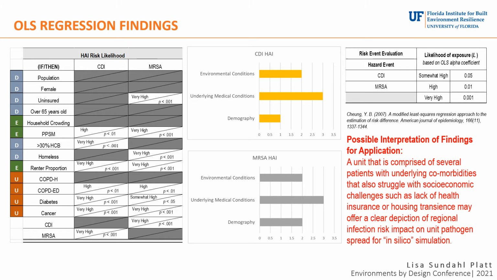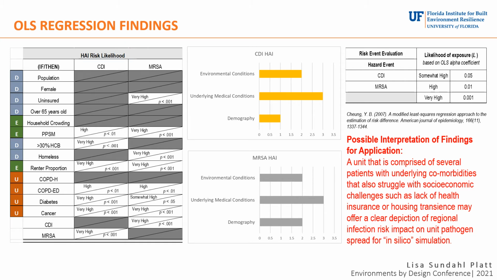After the establishment of the principal components that appeared to directly correlate to the dependent variables of observed HAI, in this case MRSA and C. diff, we then used supervised machine learning algorithms to evaluate if there was indeed a significant relationship between the regional socio-ecological parameters endemic to the health system service region and the risk of certain HAI.